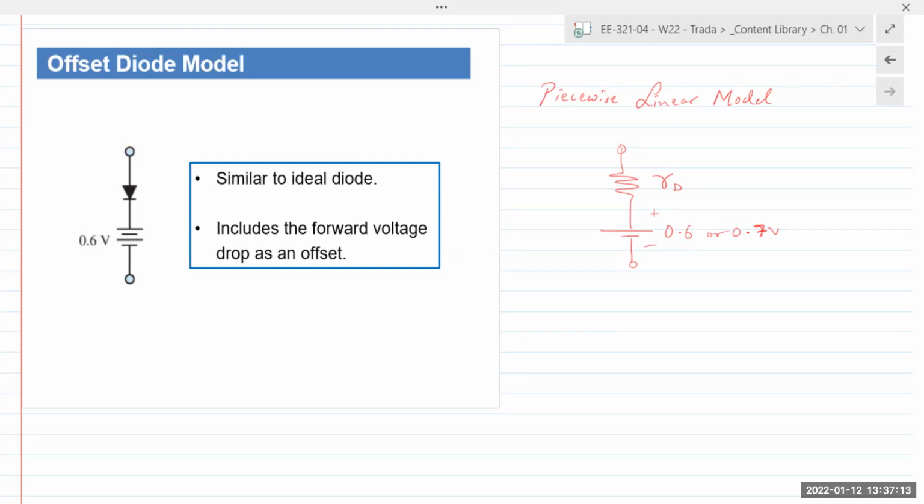So the piecewise linear model or the offset diode model requires that voltage offset. Again, a concept that students should be familiar with. I won't test on specific problems.